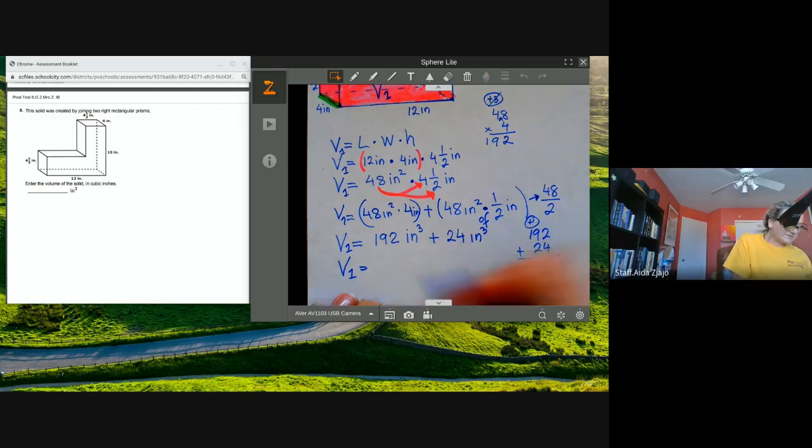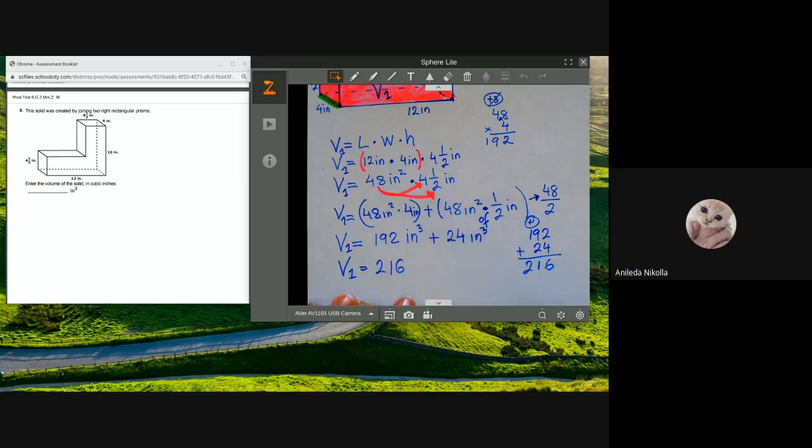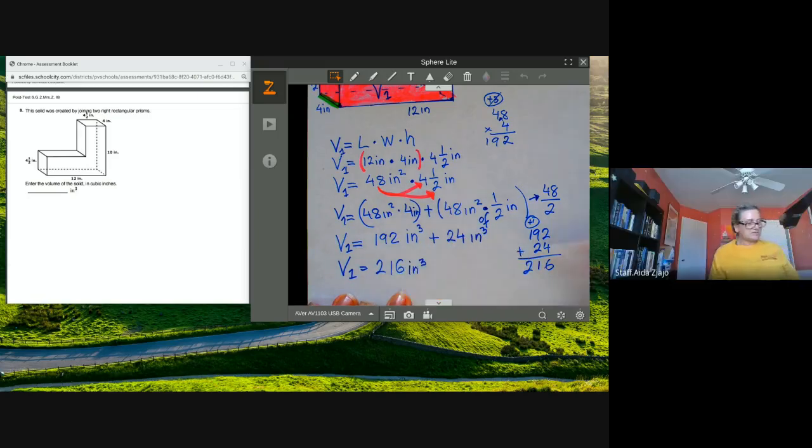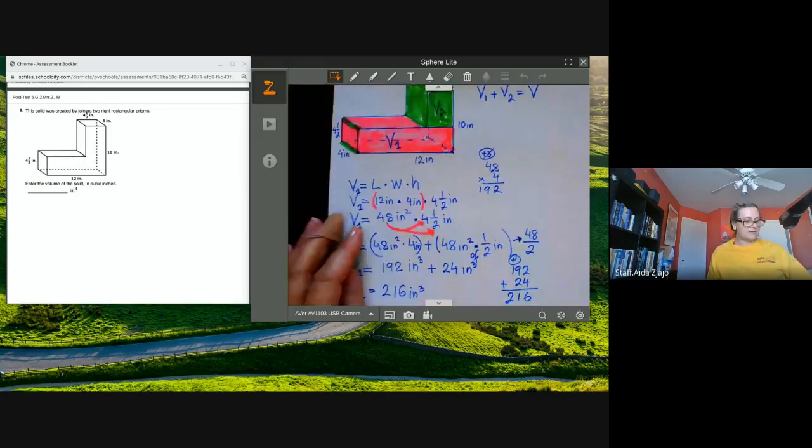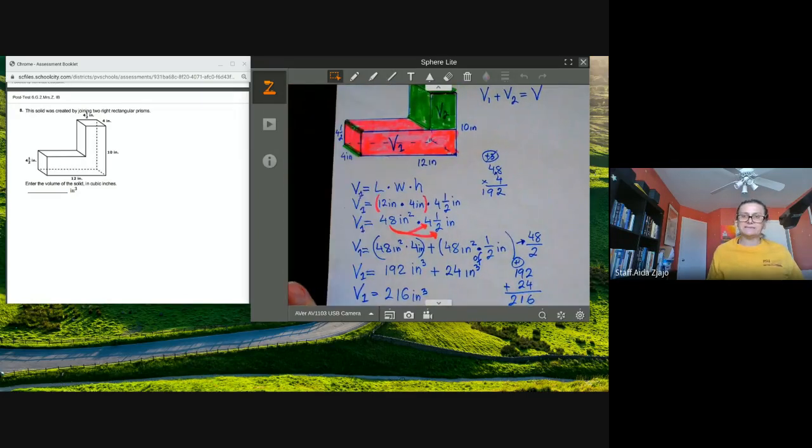Bravo, 216 what? Cubic inches. Bravo. So we just found the volume of this pink prism.